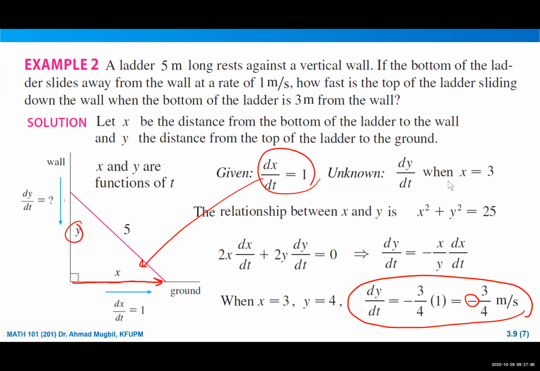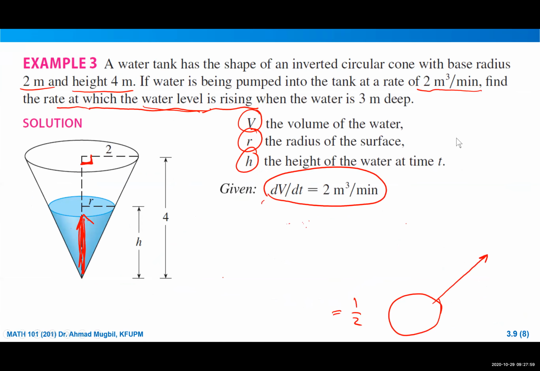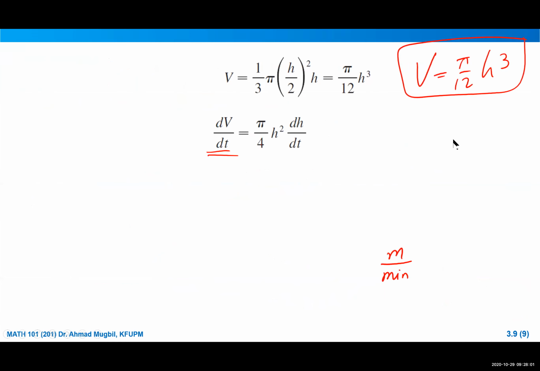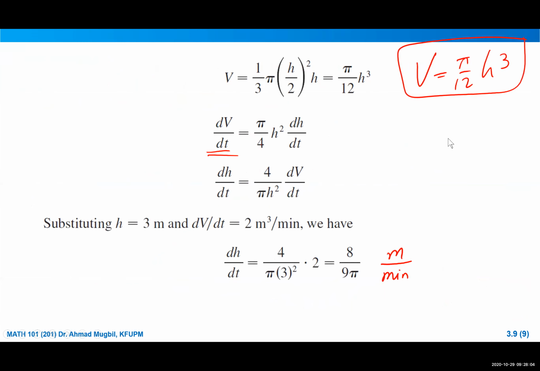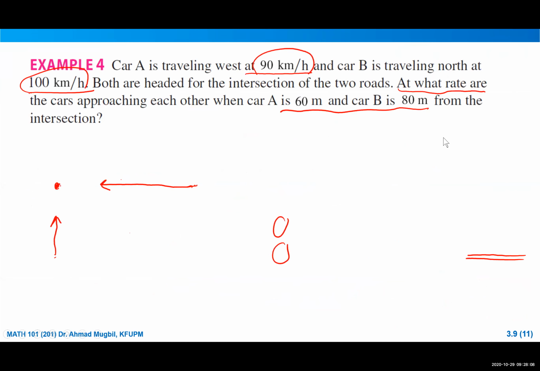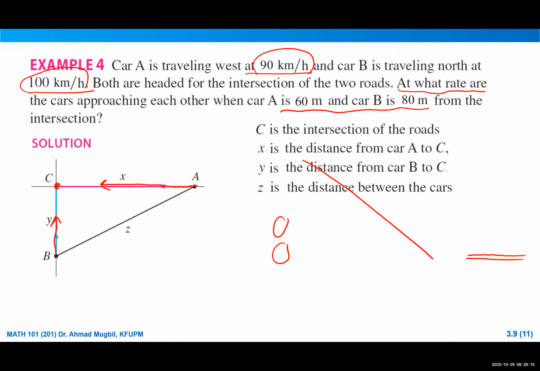If you have an increasing function, its derivative will be positive, and if it is decreasing, it will be negative. And you know that, ya shabab, from linear functions. Do you remember when you have an increasing line, its slope will be positive, and if it is decreasing this way, its slope will be negative. So the derivative is the slope. The rate of change is the derivative.